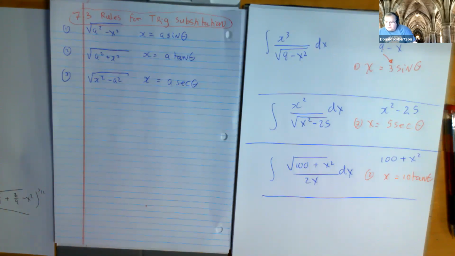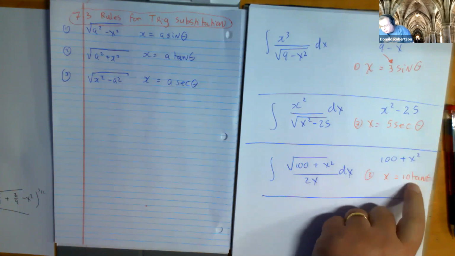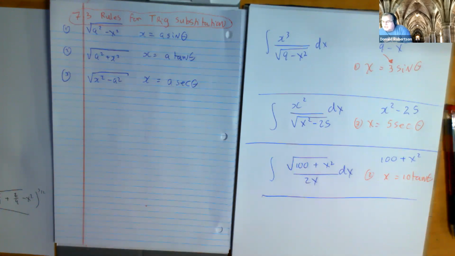The thing will turn into some ugly monster that you'll never be able to integrate, and you should know that. So hopefully, if you do occasionally screw up and pick that guy when it should have been this guy or whatever, you can tell when you start the process, probably about 2 lines in, that that's not the one that you should have used.